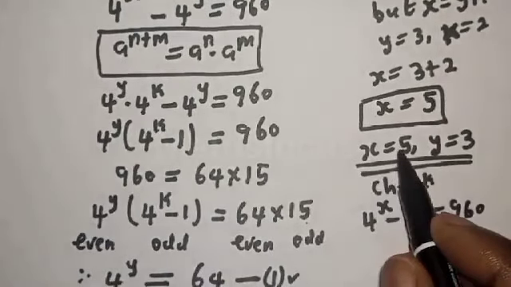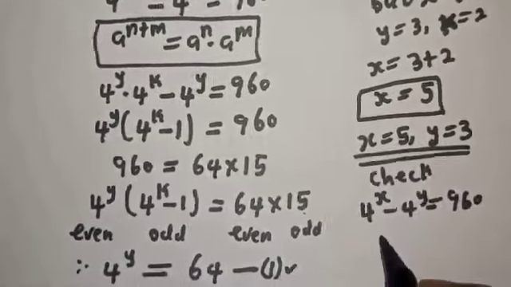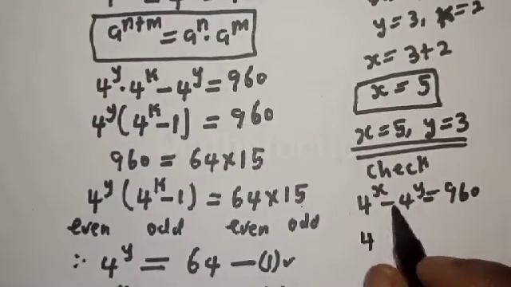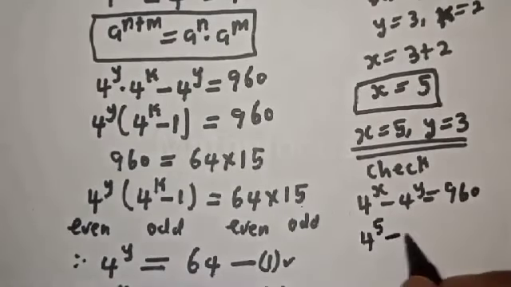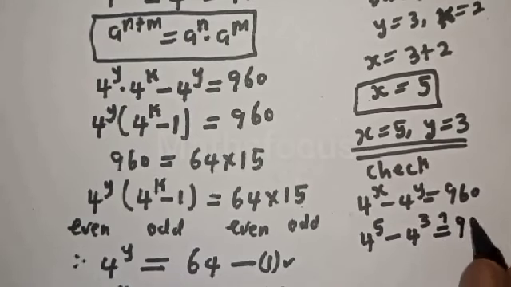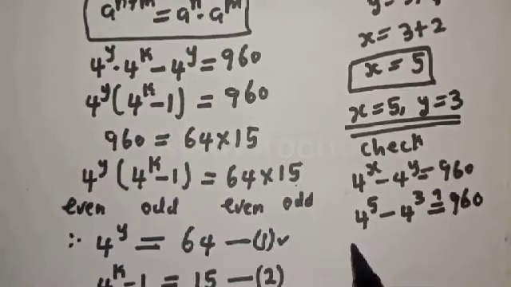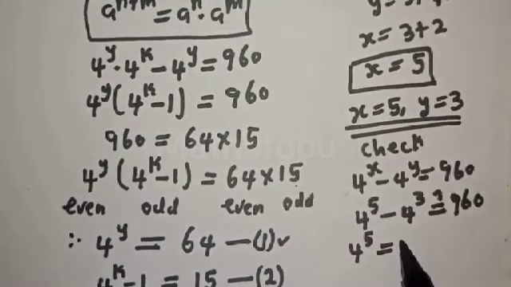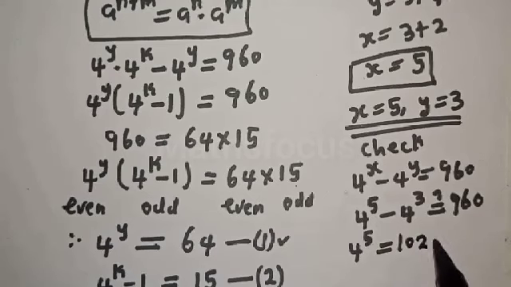Then when x is equal to 5 and y is equal to 3, we have 4 raised to power 5 minus 4 raised to power 3 must be equal to 960. 4 raised to power 5 is equal to 1024.